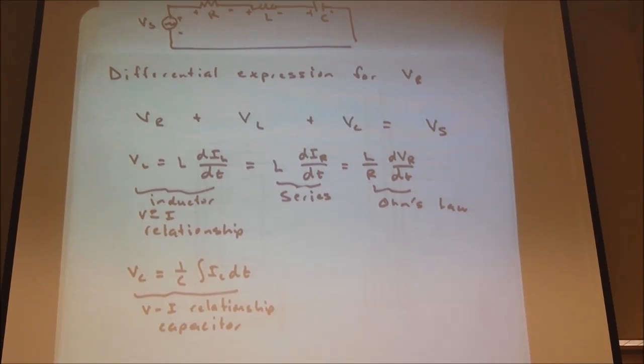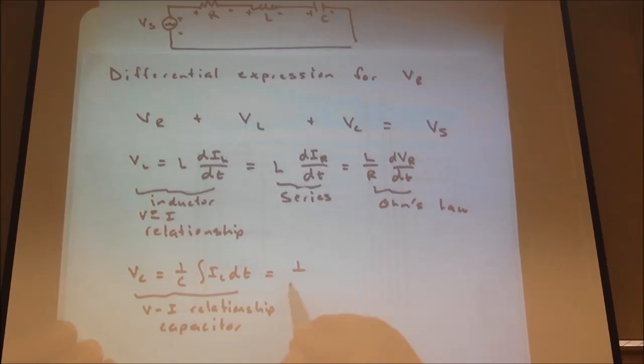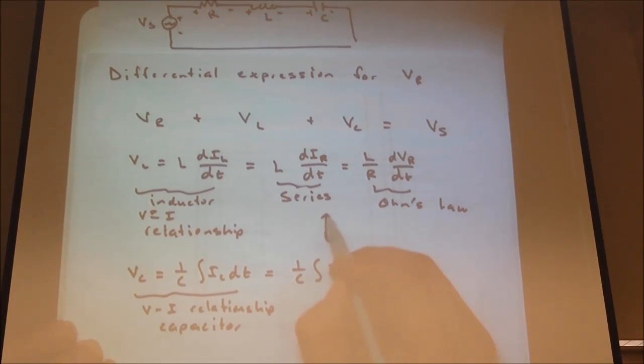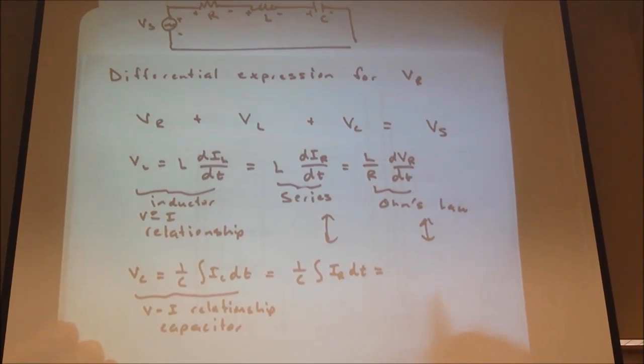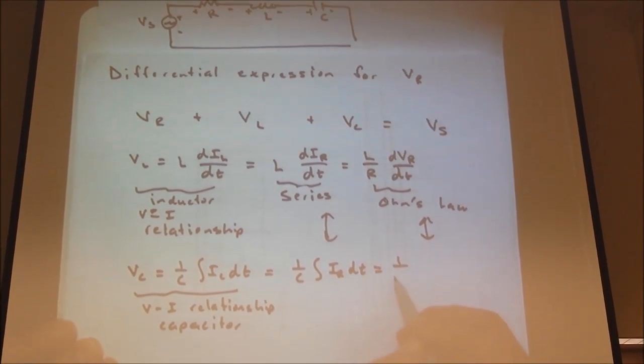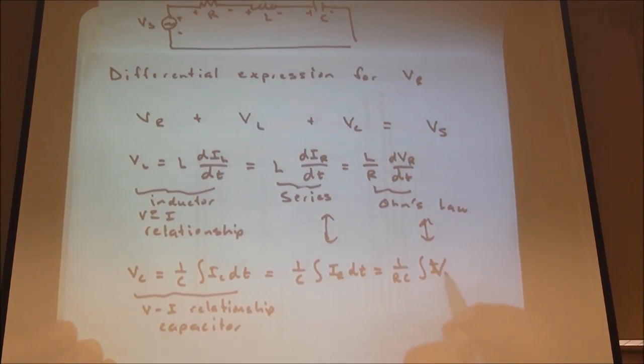And again, we've used that before in various analysis. And once again, IC is IR. So what are we left with? 1 over C integral IR dt. And again, Ohm's law is still our friend. So these same things apply. We wind up with 1 over RC integral VR dt. And we can plug these guys in.